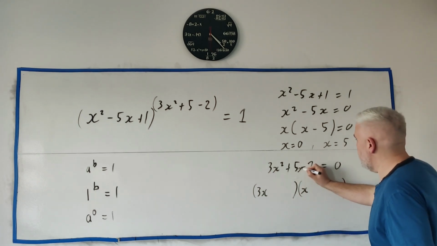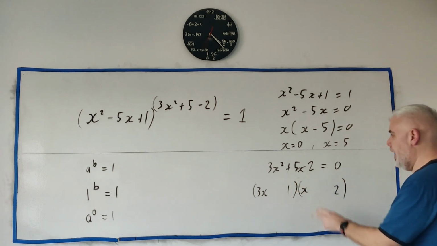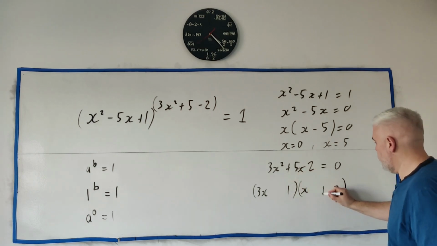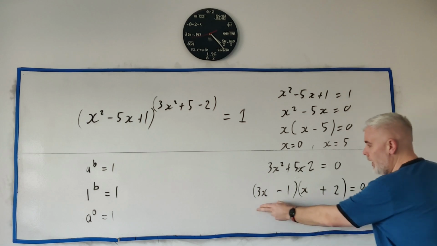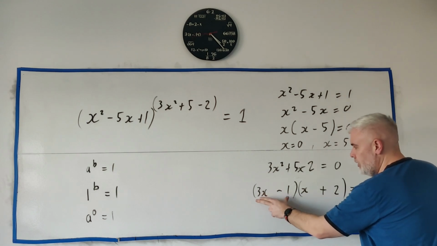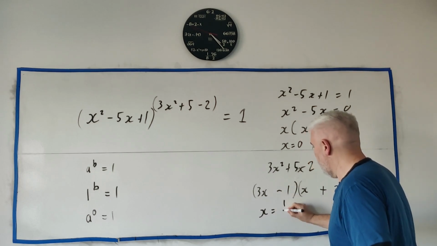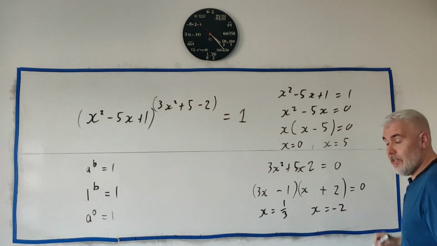That gets us to 5. Sorry, it should be a 5x here. So there's a 2 here, 1 here. We get plus 6 minus 1 to get plus 5. So plus here, minus here. This all equals 0. And putting each bracket equal to 0, we would get x is equal to 1 over 3 or x is equal to minus 2.